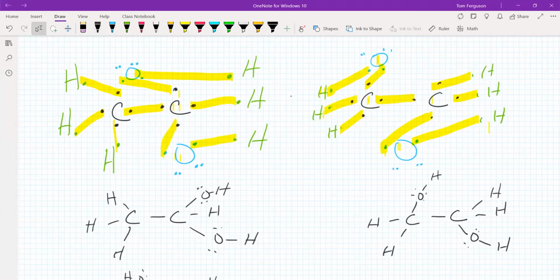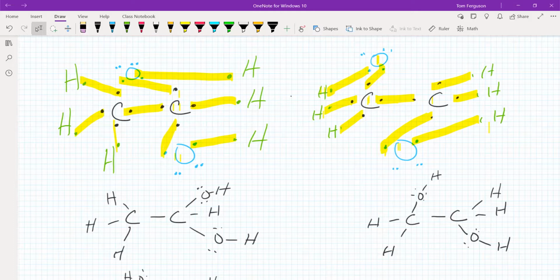Now see how these two differ? And these are both legal structures. By the way, whenever we have an OH group, that's called an alcohol. So we have 2 alcohols, and they're called diols because there are 2 alcohols. We have 2 OH groups per set of carbons. But these are not the same molecule at all.